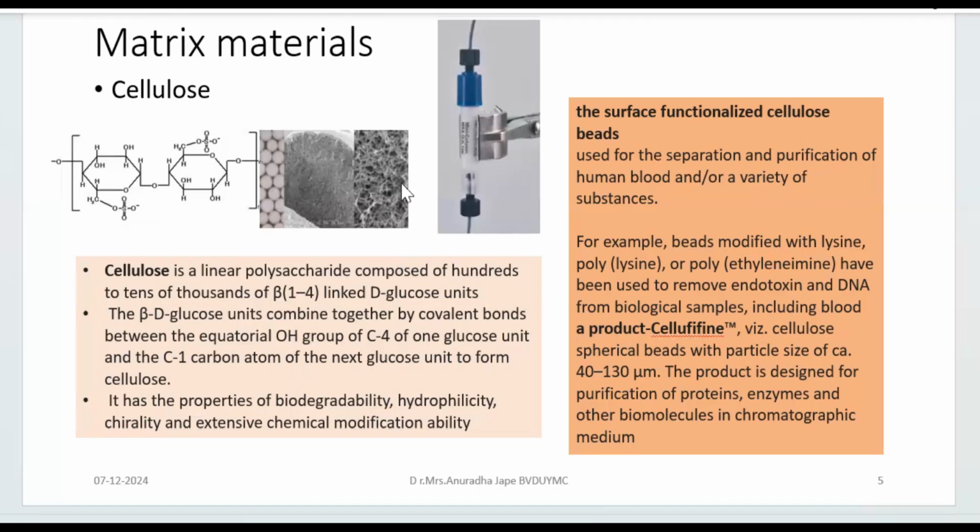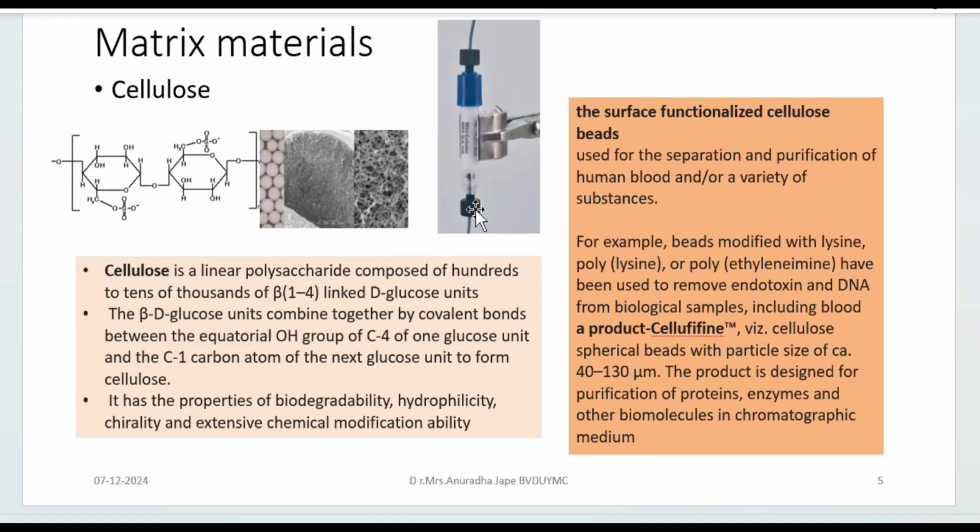So you can see how porous the material is, and this porosity can be decided based on the quantity of cellulose used in preparing the bead gel, and that gel can be put into bead forms and beads are dried and are available. Of course, the columns which are packed with the beads, ready to use, are also available. So this is one example of that column, how it looks like.